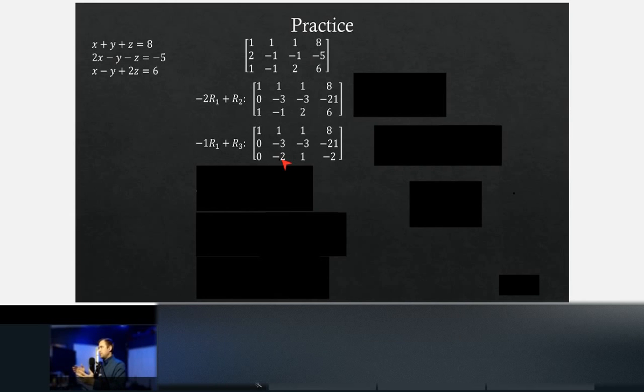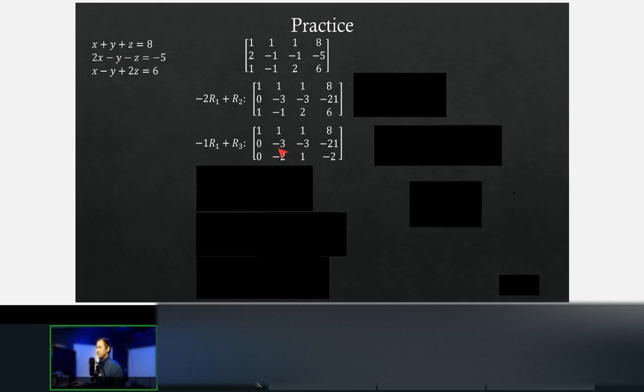Some ways might take more operations. What about doing row 3 minus row 2? So 0 minus 0 is still 0. -2 minus -3 makes it -2 plus 3, so it makes it a 1.